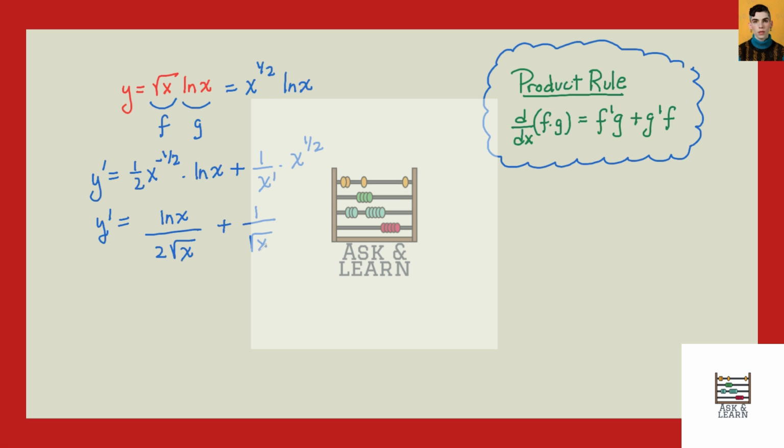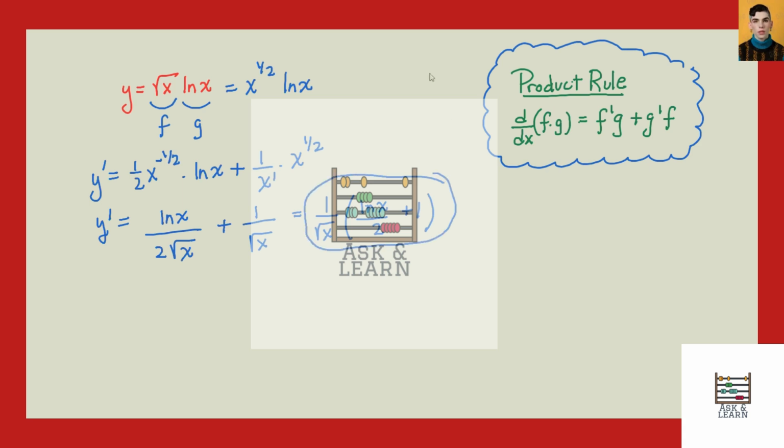So that's what we have so far. I suppose we could factor out a 1 over root x and just leave it a little bit cleaner. That gives us times ln of x over 2 plus 1. So I think that's about as pretty as we're going to get for y prime of x.